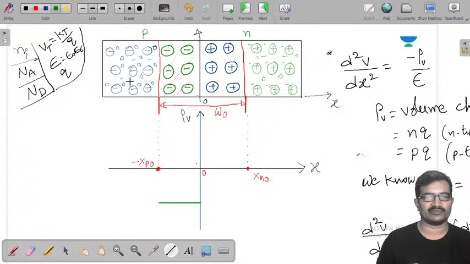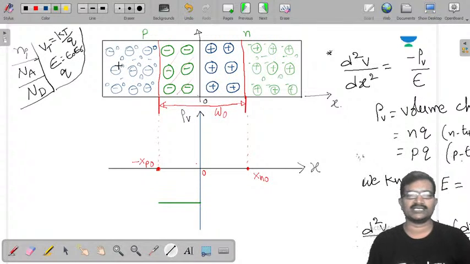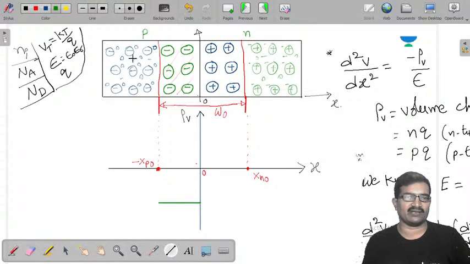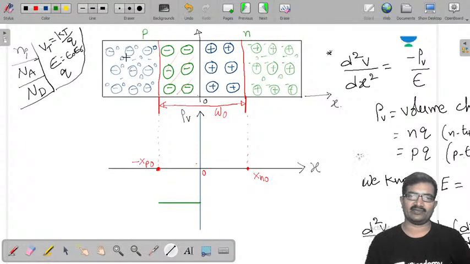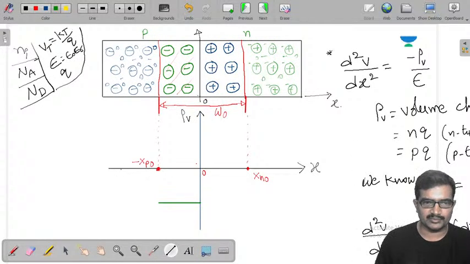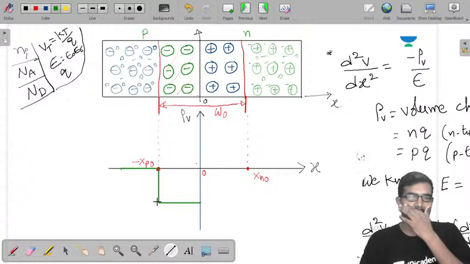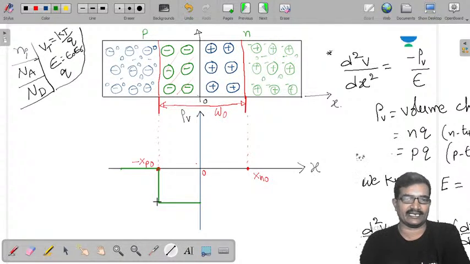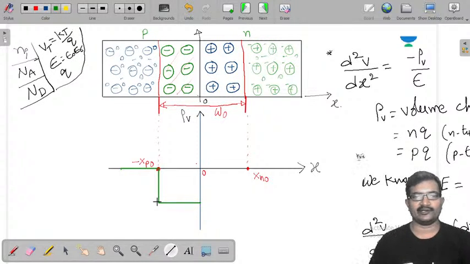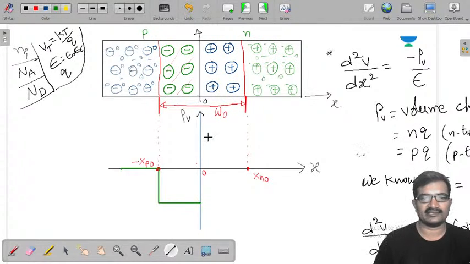Whatever holes we have are compensated by the free electrons available plus the negative immobile ions available. That's why the net charge is 0, and a semiconductor is electrically neutral, we know that. This is the plot on the p side. Similarly, the n side also has the same magnitude, but it is positive.